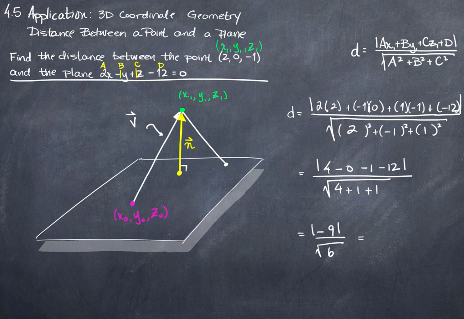So I have 9 over root 6. That's the distance from the point 2, 0, negative 1, to the plane 2x minus y plus z minus 12 equals 0. That works out to be approximately 3.674.